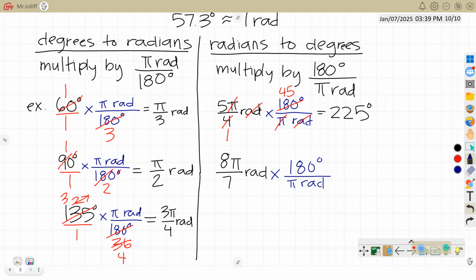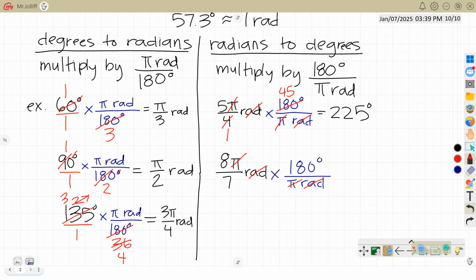Next step. Gabby, what do I do next? Right idea. Cancel the units. In this case, rad on top, rad on bottom. Perfect. What else can I cancel? Pi on top, pi on bottom.